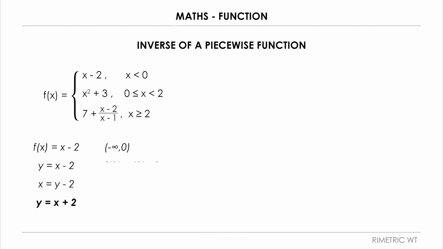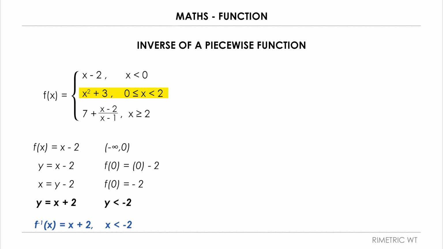So when we do, we get f of 0 equals 0 minus 2, which is equal to -2. Since the original domain is x less than 0, the corresponding range will be y less than -2. Therefore, the inverse piece, f inverse of x equals x plus 2, will be defined for x less than -2.